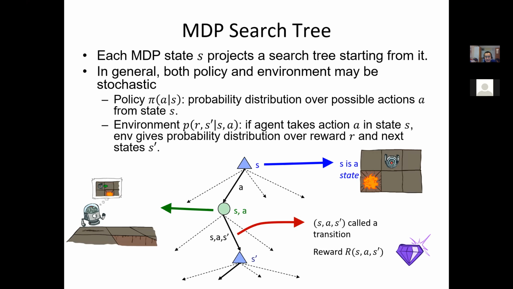So from a state S, you may have a policy, which is a probability distribution over possible actions A from state S. Of course, you may have a deterministic policy as a special case. Environment may be stochastic. That is, if the agent takes an action A in state S, the environment gives a probability distribution over reward R and next state S prime.